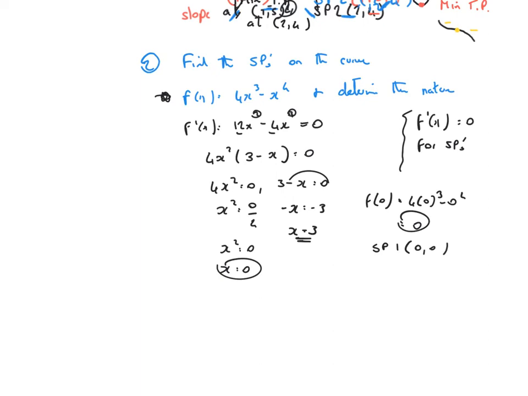Okay, second one, f of 3 equals 4 lots of 3 cubed minus 3 to the 4. 3 cubed is 27, times that by 4 is 108, minus 3 to the power 4 is 81, and that will give me 27. So stationary point 2 is 3, 27.